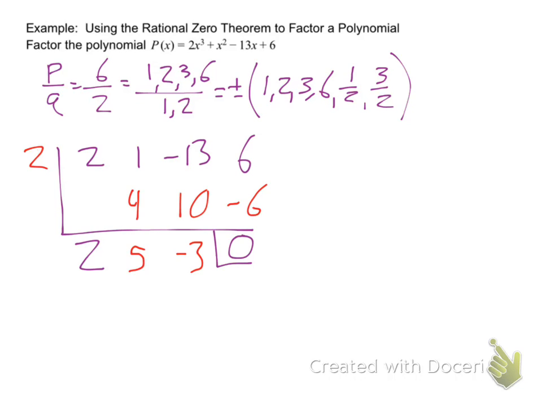Well, first of all, it's not asking us to find the zeros. It's asking us to factor. So what would this look like now that I've just divided out 2? x minus 2 and 2x squared plus 5x minus 3.